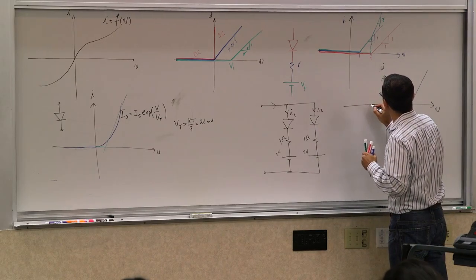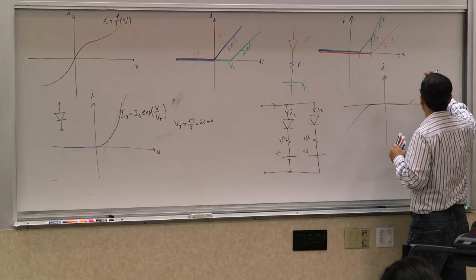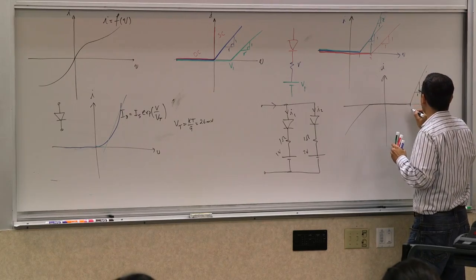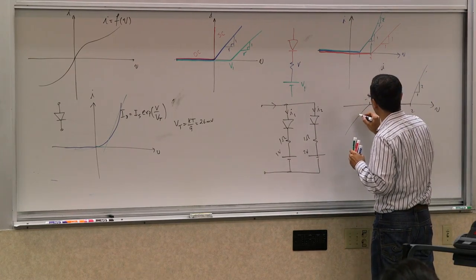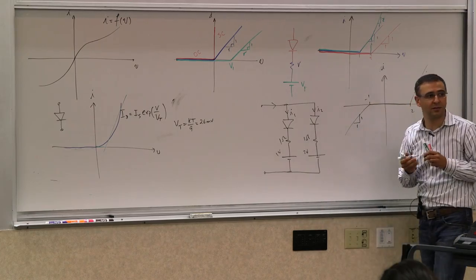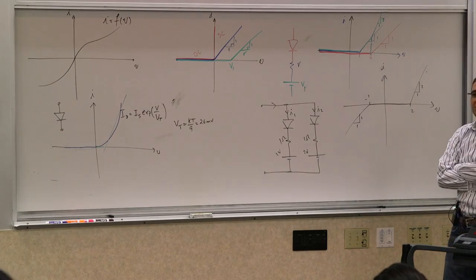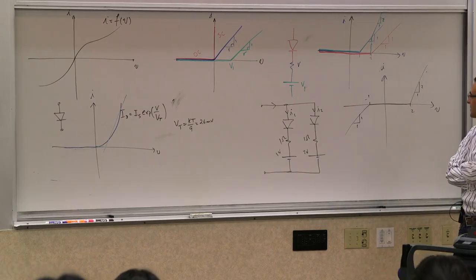I need it for my guitar amplifier. I want to create this kind of distortion. I want this to be 2 to 1. I want it to happen at 2 volts. I want this to happen at -1. And I want the slope to be 1 to 1. How will we construct that? Now this is becoming a design problem. Can you think of a way of constructing this?